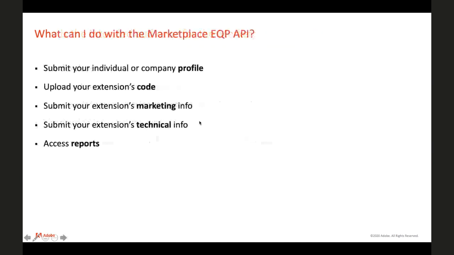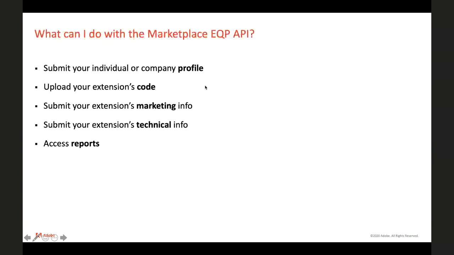So some of the specific things you can do with the API is you can submit your individual or company profile. And this is your online presence. It's like a business card, if you will, for the marketplace store. And it's here where you reveal your name or your company's name, an email, maybe an address, some sort of short description or biography of who or what your company is all about.